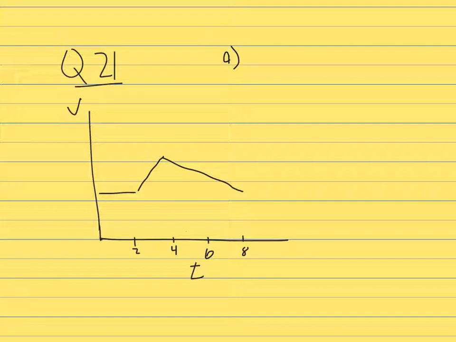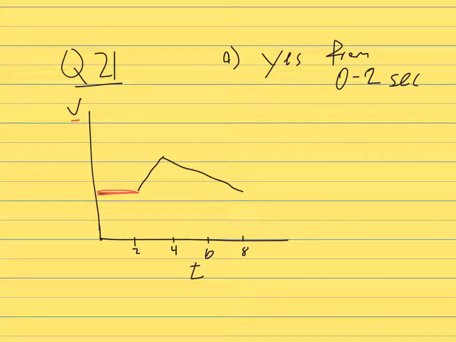The velocity is constant from 0 to 2 seconds. The graph during that time is a flat horizontal line, which means it's not changing in terms of its velocity. The velocity is constant for the first 2 seconds.